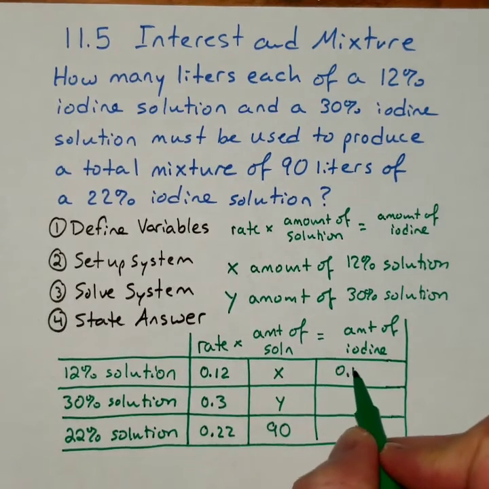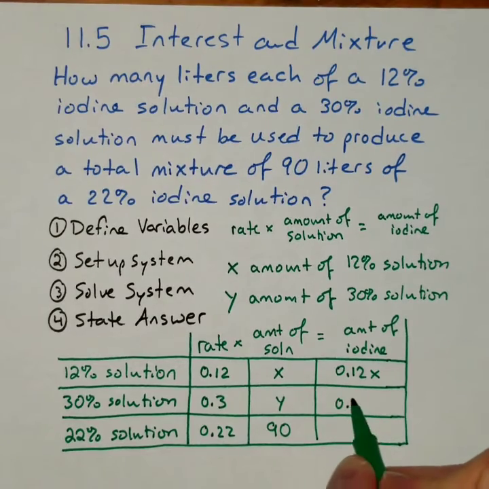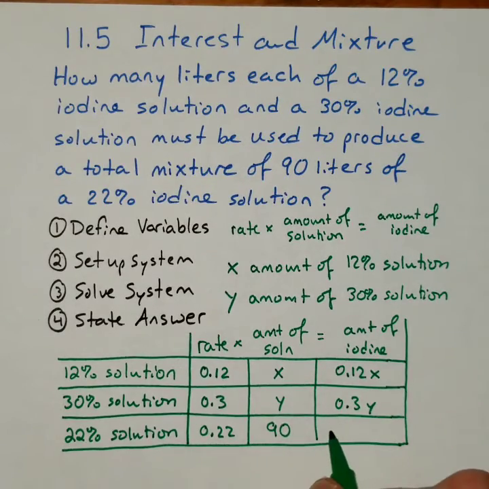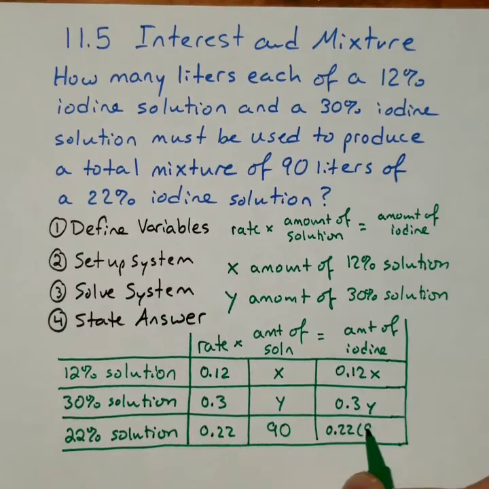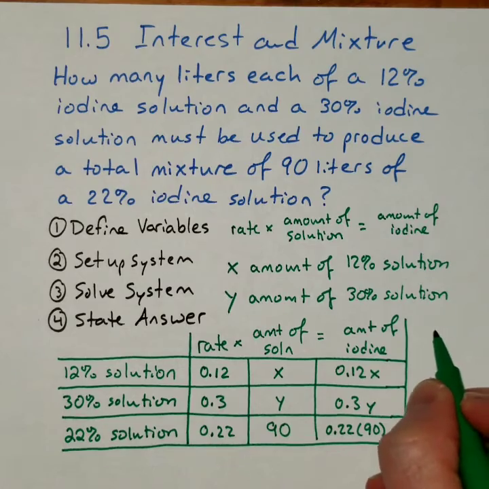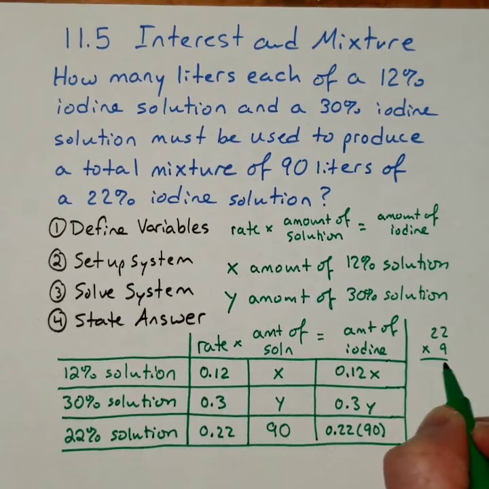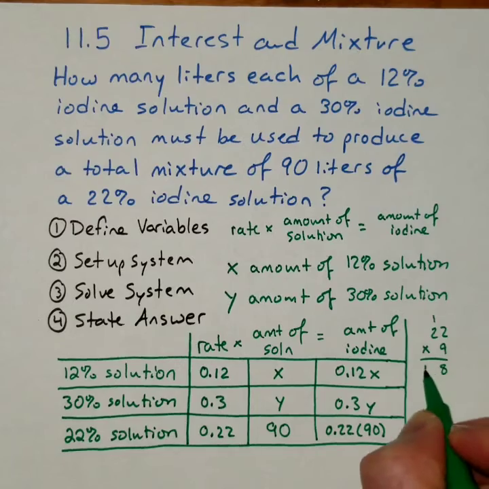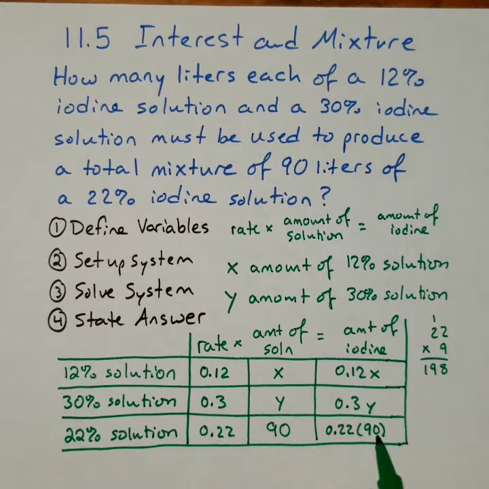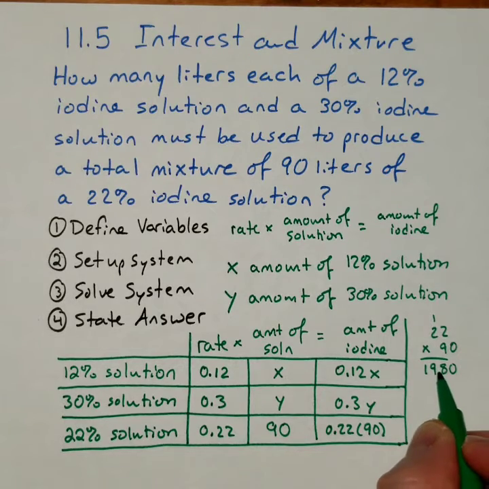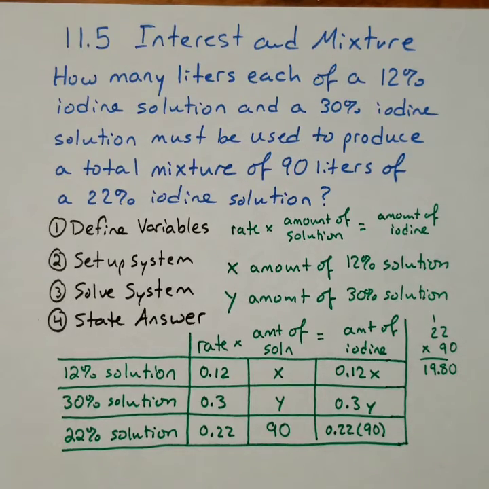So it's 0.12x, 0.3y, and 0.22 times 90. Now that value we could actually calculate. If I do 22 times 9 to start off, that's 198. I need to add a 0 from the 90 and 2 decimal places from the 0.22, so that gives me 19.8. So that equals 19.8.